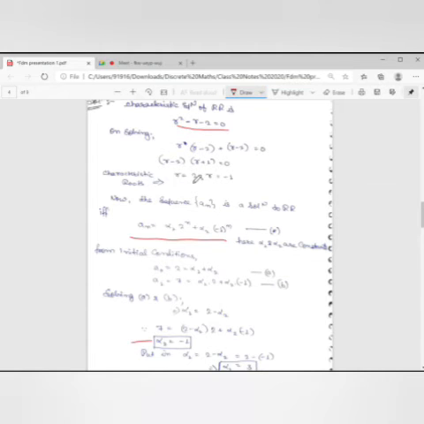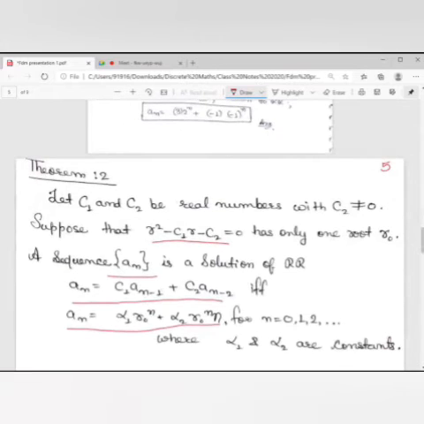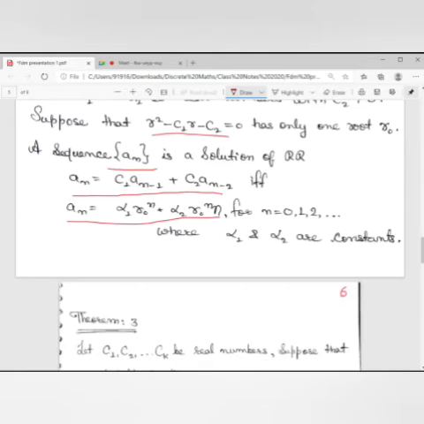If we get r is equal to 2 and r is equal to 2, similar roots, then I will write alpha 1 2^n plus alpha 2 n 2^n. Then we will solve it in a similar manner. We have seen two ways to solve this, if there are two different or two similar roots. Now we will see what our statement is if there are many distinct roots, with degree greater than 2.